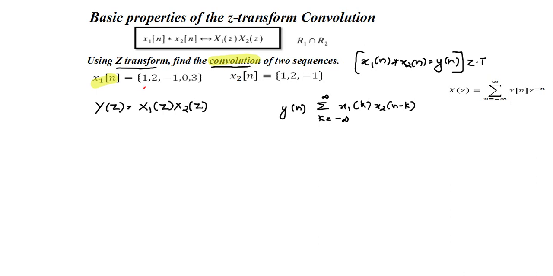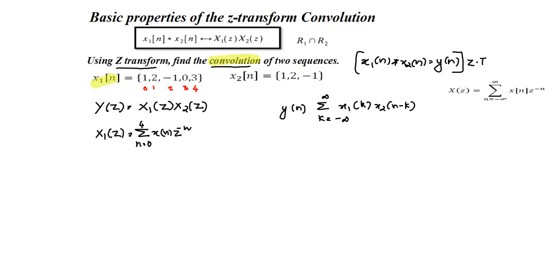This is the 0 index, this is 1, this is 2, this is 3, and this is 4. So I can find x1 of z like this: sigma n equal to 0 to 4 x of n into z raised to minus n.